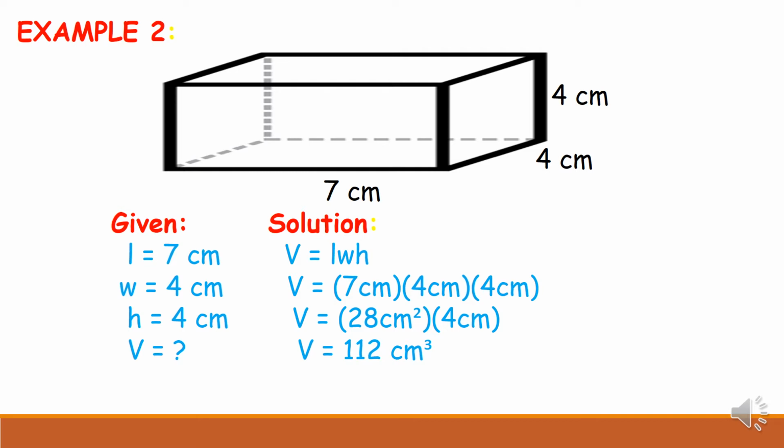Substitute the values, so volume is equal to 7 centimeters times 4 centimeters times 4 centimeters. 7 times 4 is 28 centimeters squared, times 4. 28 times 4 is equal to 112 centimeters cubed. So the volume of the given rectangular prism is 112 centimeters cubed.